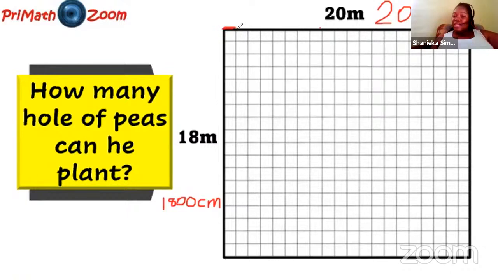And if we convert it to centimeters, it is 100 centimeters now. Now in 100 centimeters, if we're going to plant the peas 10 centimeters apart, how many peas can we plant in this 100 centimeters? How many peas can you plant in the 100 centimeters?